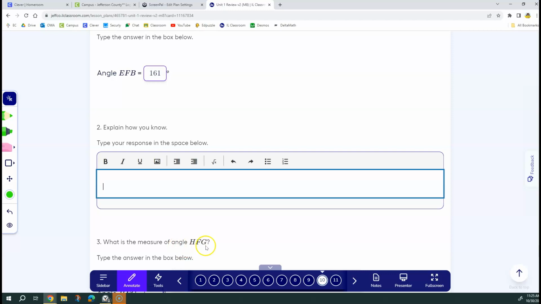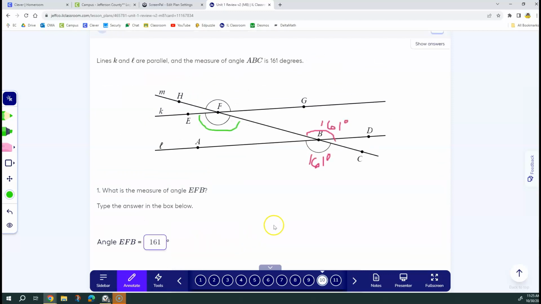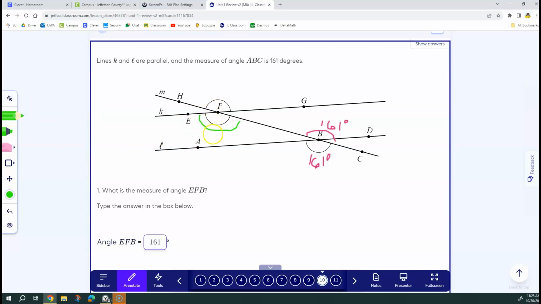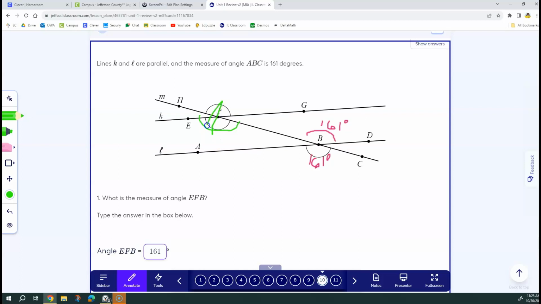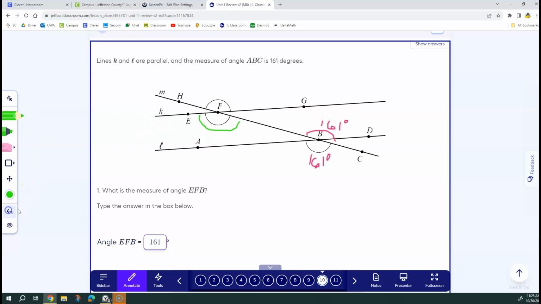Number 3, the angle measurement of H to F to G. H to F to G is vertical to this angle right here. These angles are vertical, so this angle measurement is the same as this.